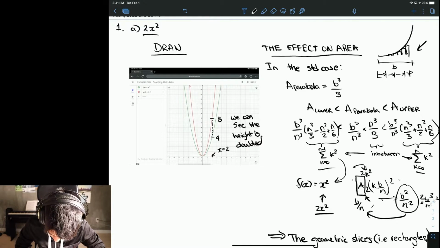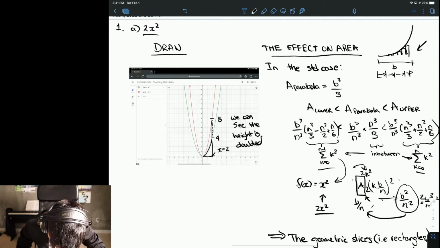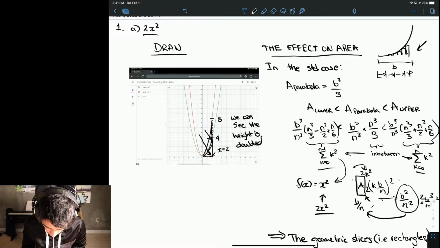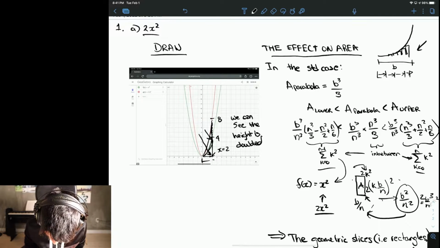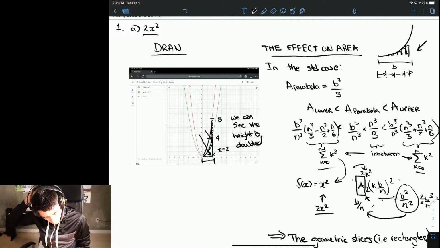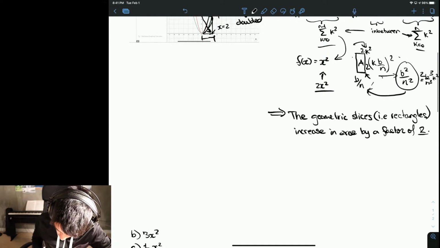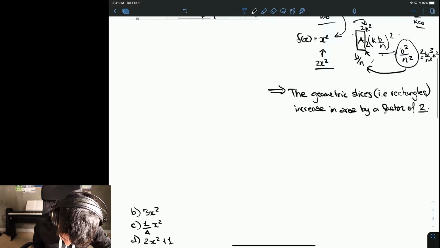So the argument is that everything in here, this section here, is equal to this section here, I suppose. Well, in total, yes, it is because it's a segment. So these two parts are equal. Kind of cool, but not cool enough to think about it anymore. So let's go on to the next one.